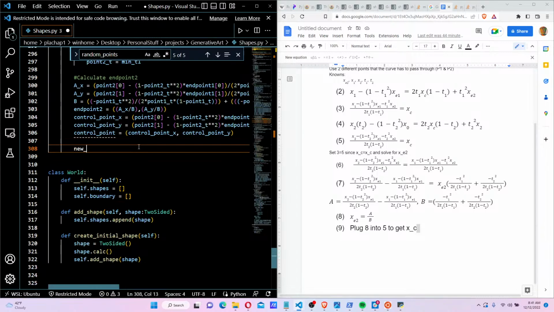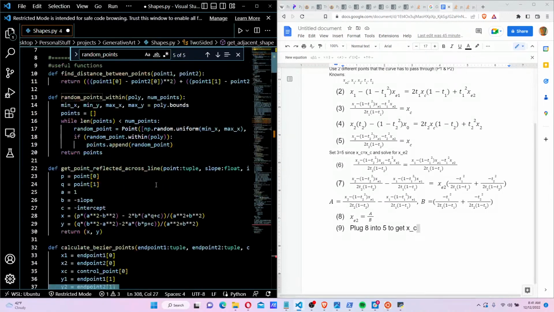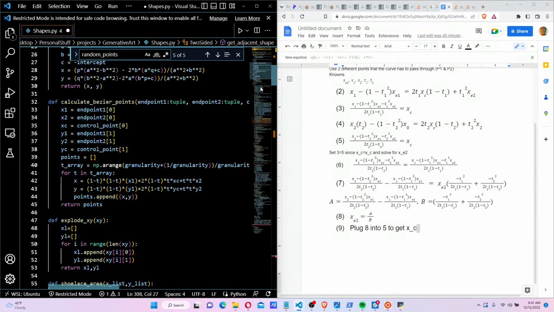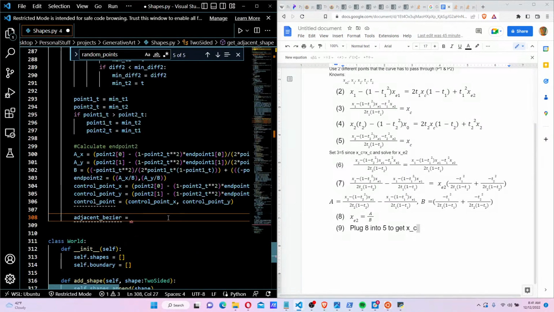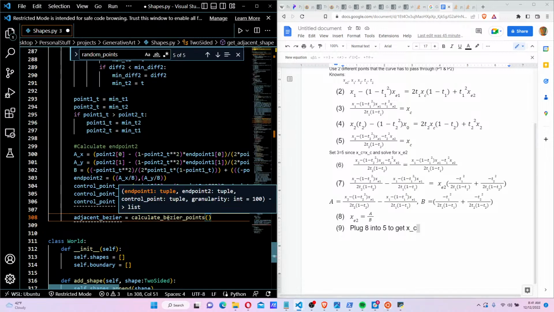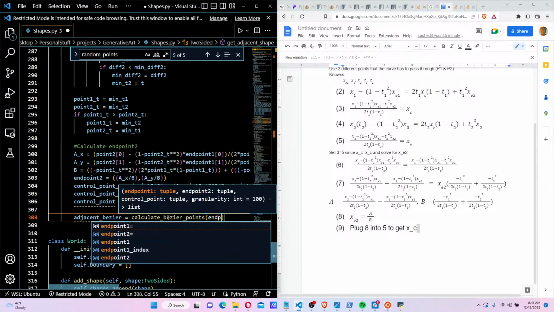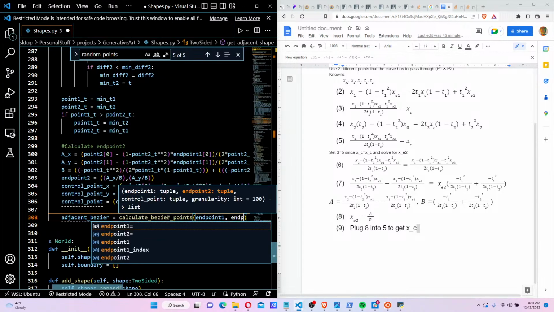Okay, new Bezier. I'm just going to call it adjacent Bezier, which is equal to calculate Bezier points of endpoint 1. That's easy.